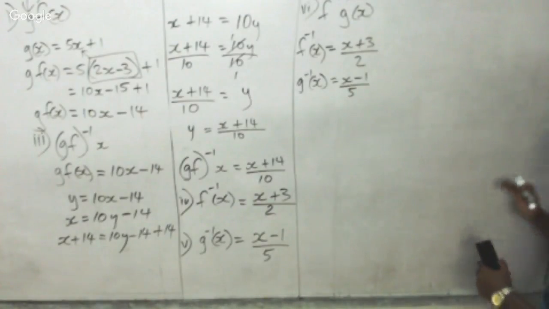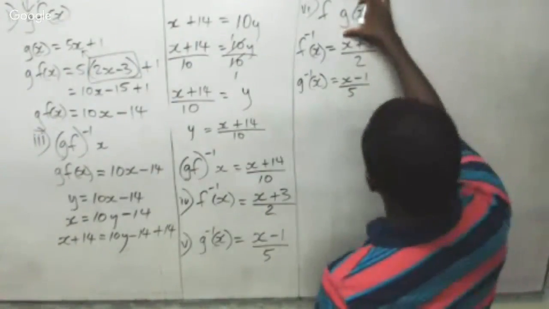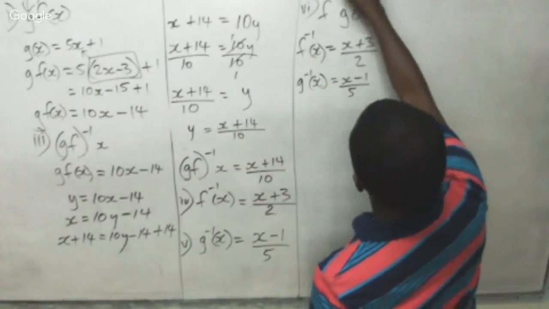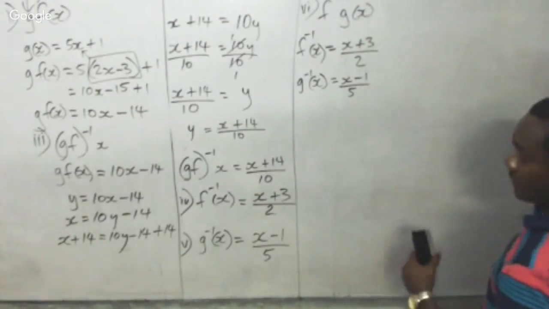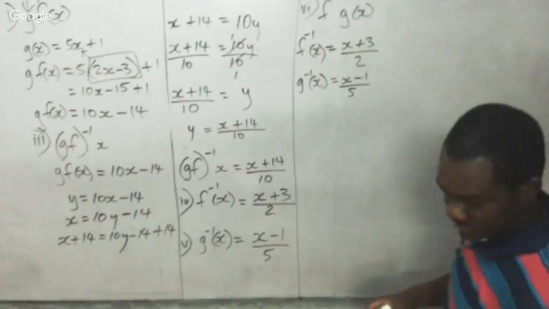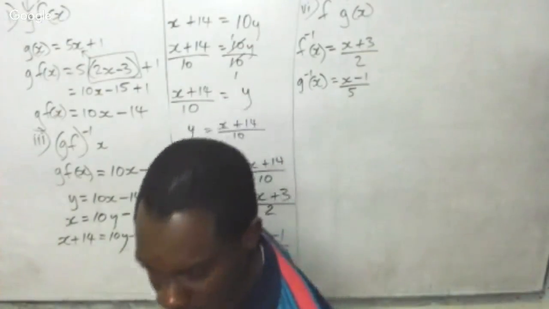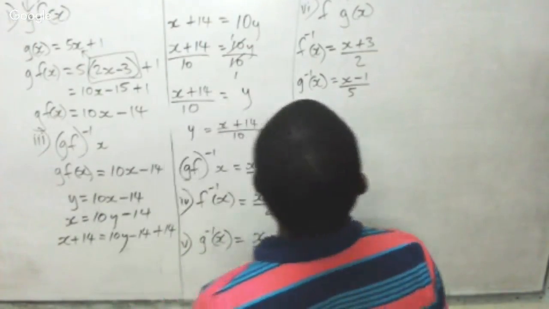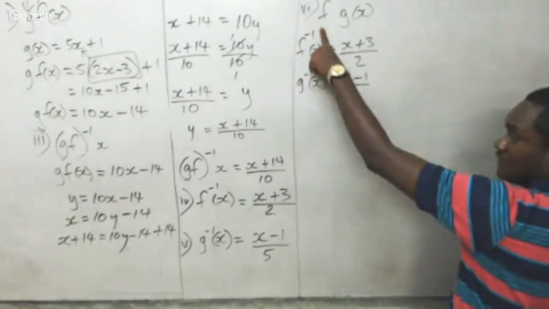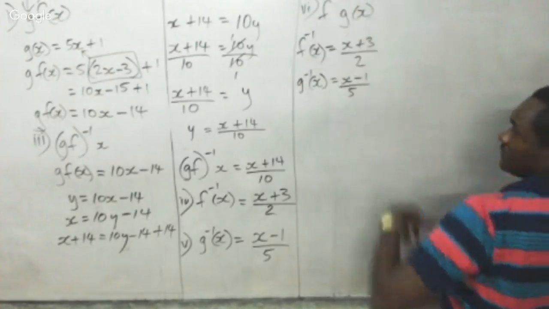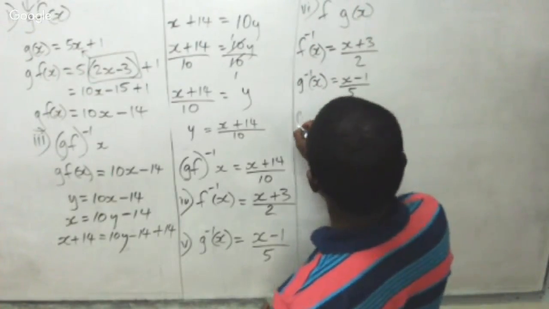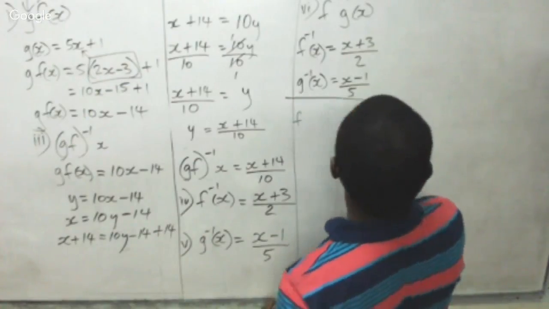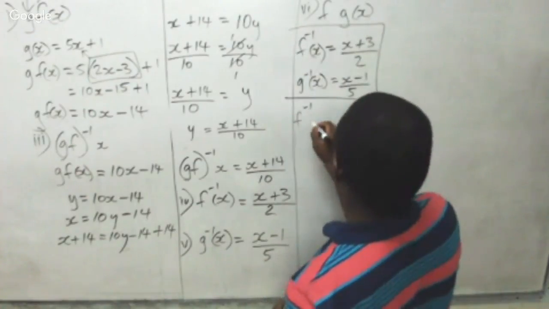Right now, we're taking what's on the right, G inverse, and putting it into what's on the left, F inverse. So what is going to be our container? F inverse. We're putting G inverse into F inverse, so we start with F inverse.